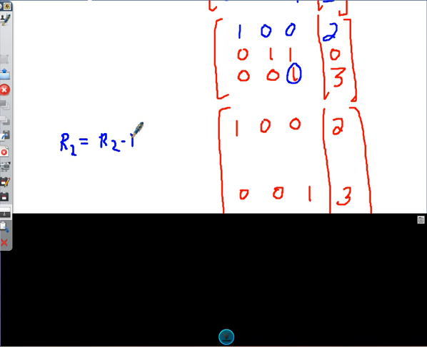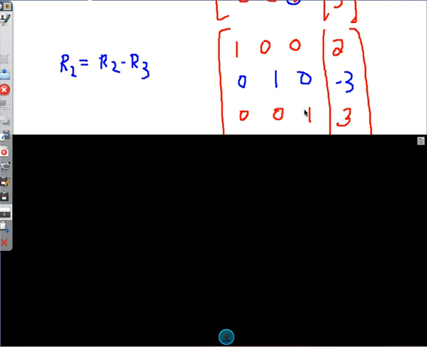We end up with 0, 1, 0, and then 0 minus 3, which would be negative 3. Again, see how the zeros that we've established on the left help the columns on the left not change.